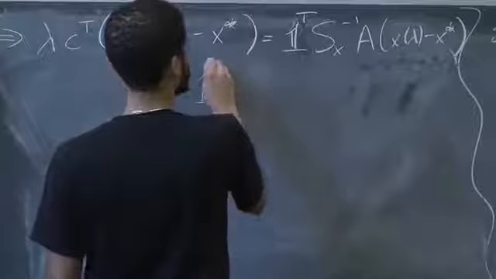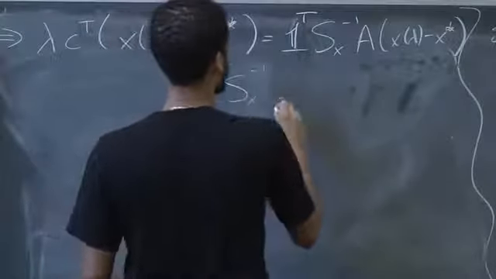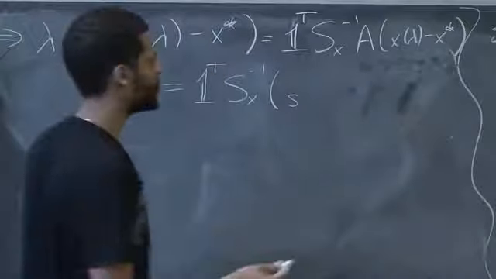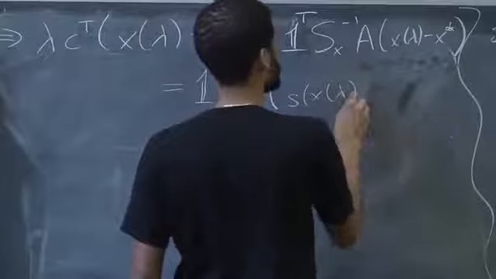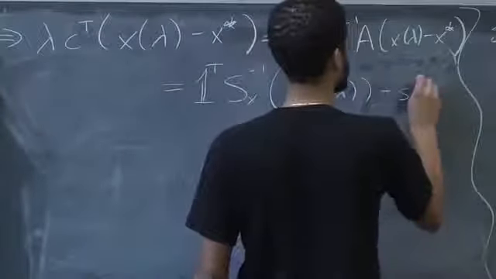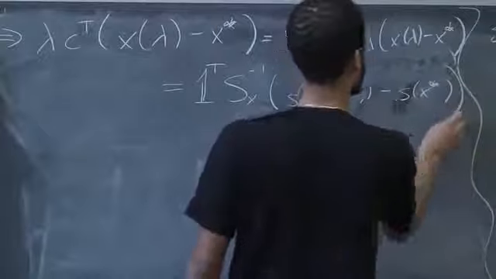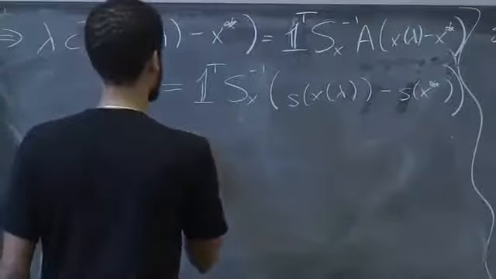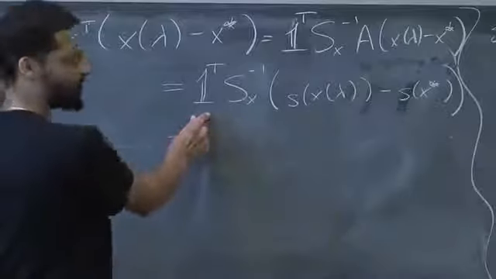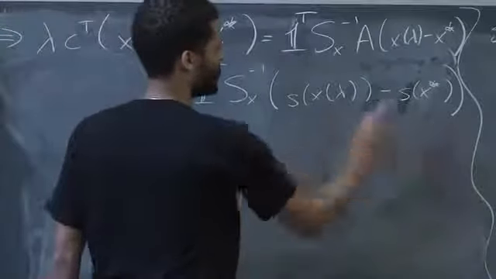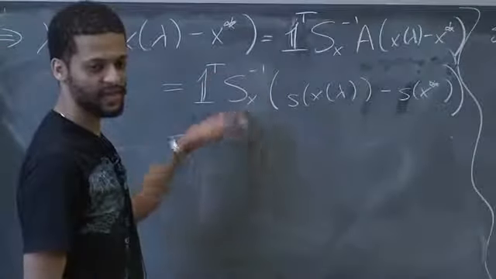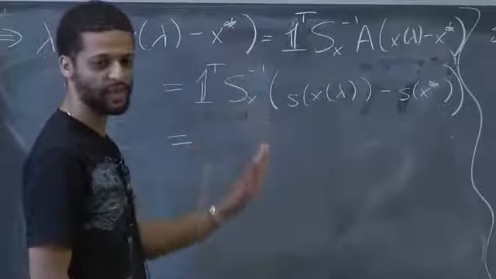So this is just equal to 1 transpose Sx inverse, and now let's use little s for the actual vector of slacks, little s of x lambda minus little s of x star. But then this dot product, we're taking the all ones vector dotted with this vector. So this is a diagonal matrix where each diagonal entry is 1 over the slack in some coordinate.